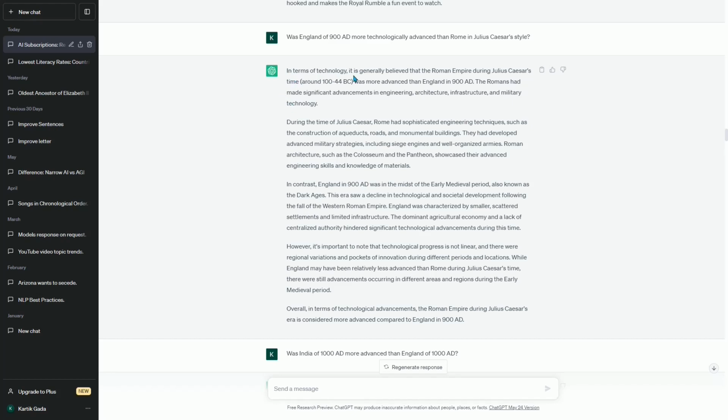In terms of technology, it is generally believed that the Roman Empire during Julius Caesar's time was more advanced than England in 900 AD. The Romans had made significant advancements in engineering, architecture, infrastructure, and military technology. During the time of Julius Caesar, Rome had sophisticated engineering techniques such as the construction of aqueducts, roads, and monumental buildings.